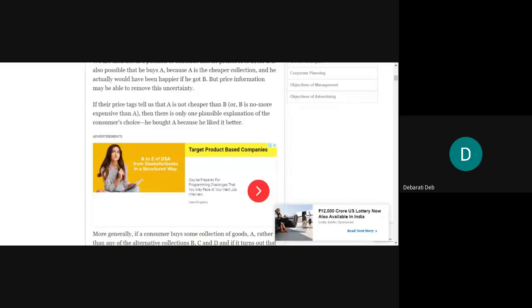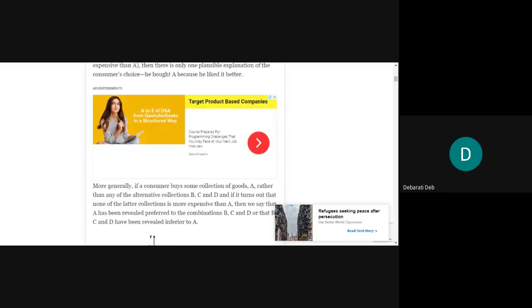But here a simple approach has been applied. The consumer may buy A even if it is costlier than B because he likes it more than B. Understood? From here the concept of revealed preference theory has arrived. Let us discuss in more detail so that it becomes clearer.